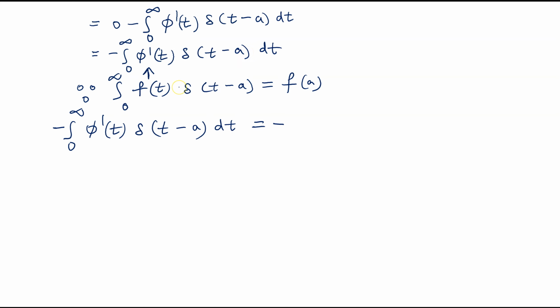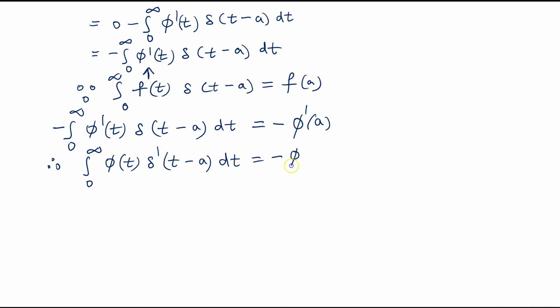So on the right hand side we get phi dash of a. Therefore integral 0 to infinity phi of t into delta dash of t minus a dt equals minus of phi dash of a. This is the solution of the second question.